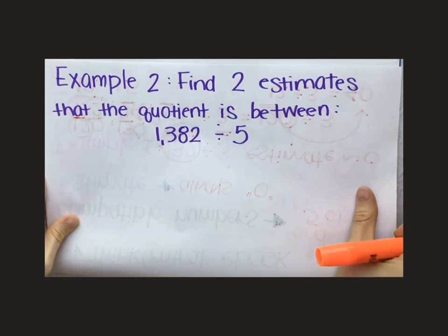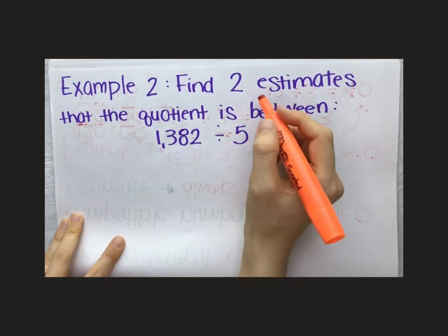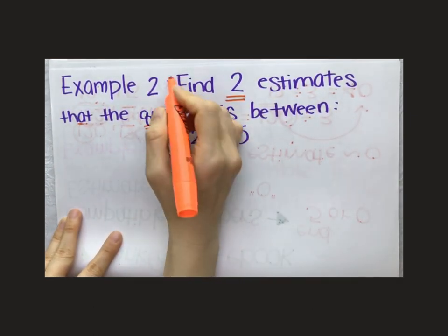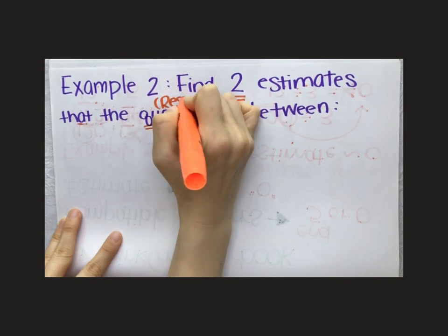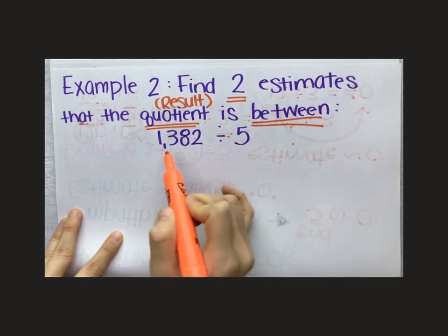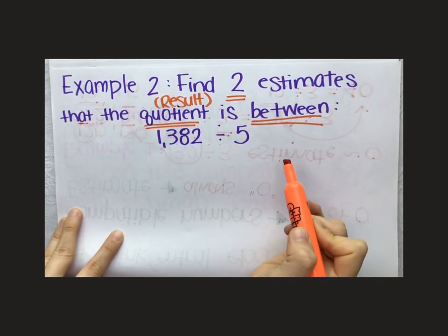Now let's take a look at another problem. Example 2. Find two estimates that the quotient, remember this is the result, is between, for 1,382 divided by 5.